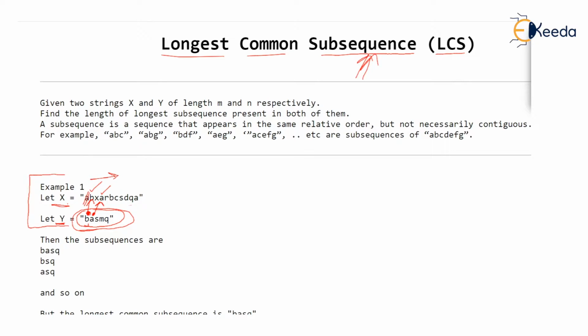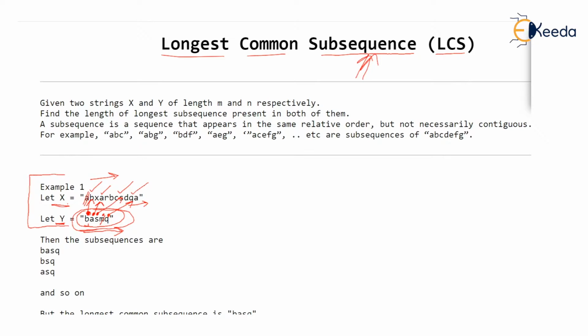Now the third letter S in Y matches this S here. Check this. The fourth letter M has absolutely no match. Check, M doesn't appear in X. So we will not compare M with anything, or rather it doesn't get matched with anything. And the last letter Q matches with the Q here. Check this.